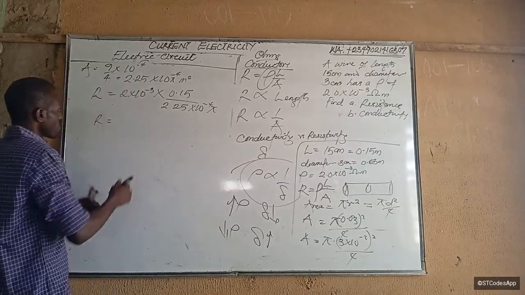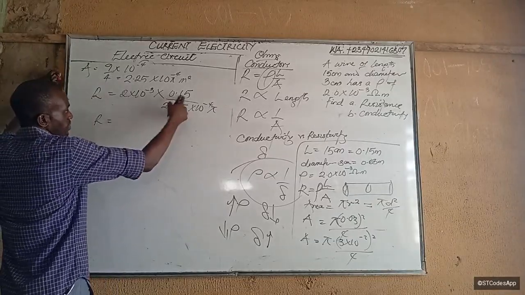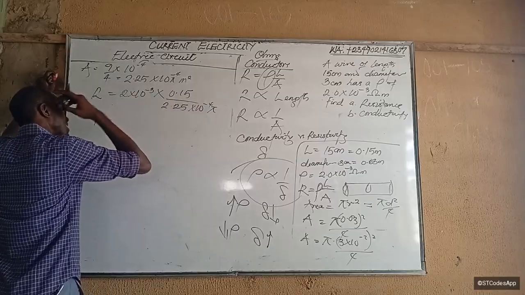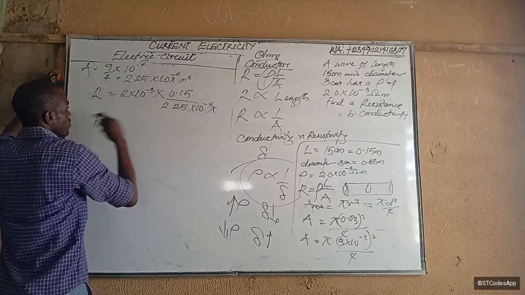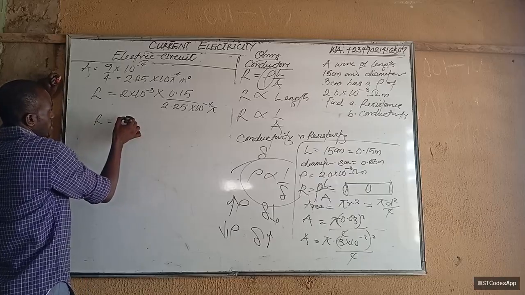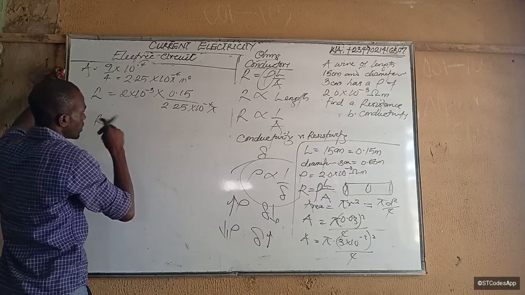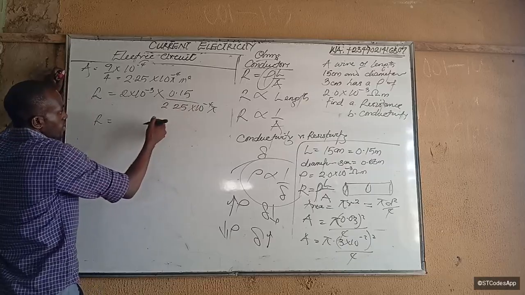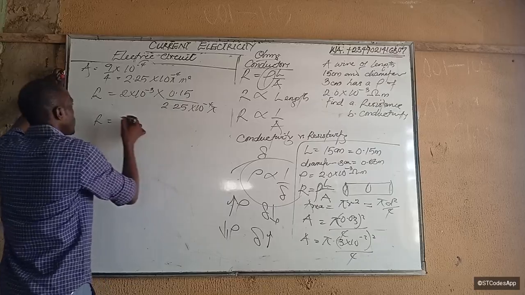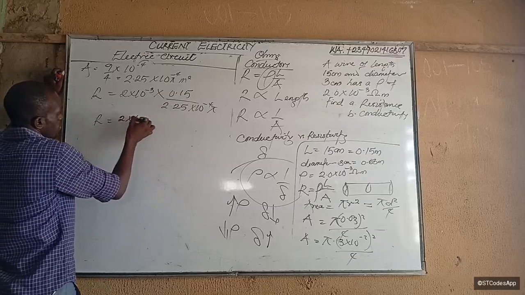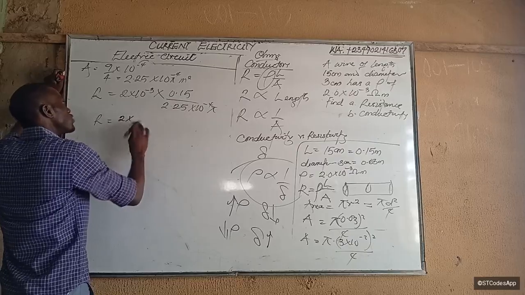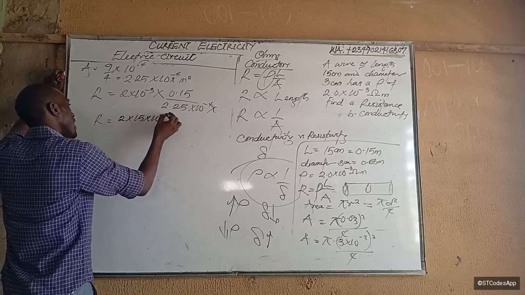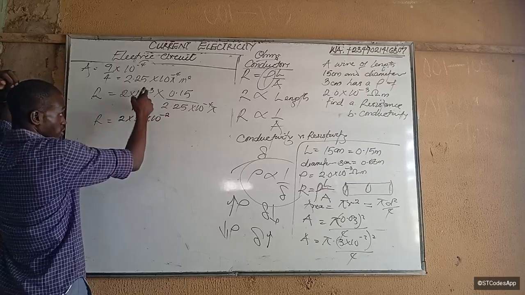From here, I know that 2 times this will give me 0.3. So how should we do it? See, this can cancel this. Let's move this. We can say 2 times 15 times 10 to the power minus 2, times 10 to the power minus 3.